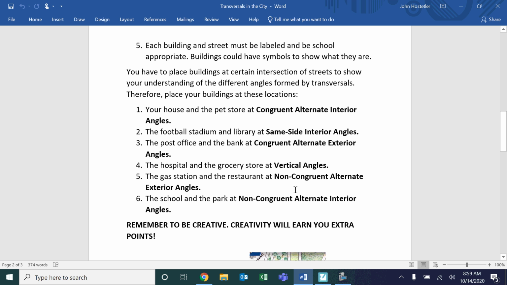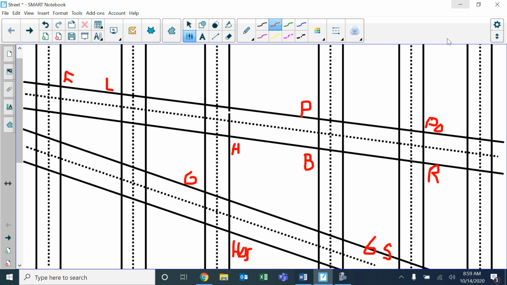Okay, and we need to look at those. The school and the park have to go at non-congruent alternate exterior. Same thing. You've got to look at, like, this is a good spot. Here's an alternate exterior, and here's an alternate exterior. Those two measurements are not the same because these two lines are not parallel. Okay, and so I'm going to put the park, I believe is what I said, and the school.